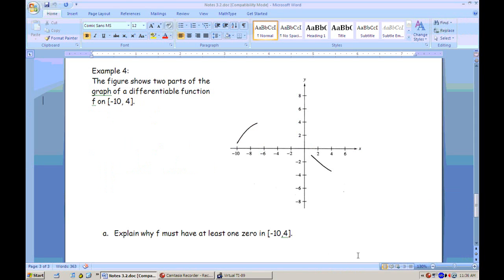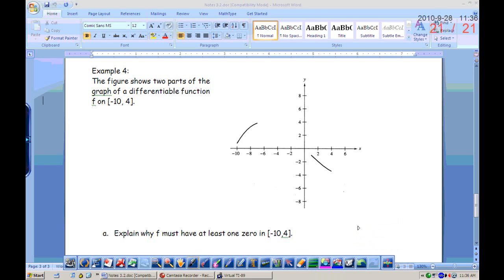The figure shows two parts of the graph of a differentiable function on the interval -10 to 4. Explain why f must have at least one 0 between -10 and 4. Let's go back to the beginning. That's a differentiable function. If a function's differentiable, it's guaranteed to be continuous.